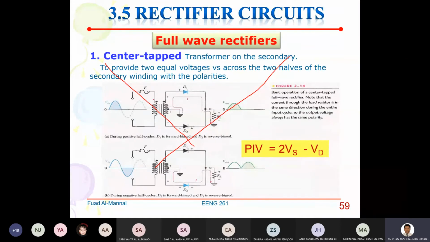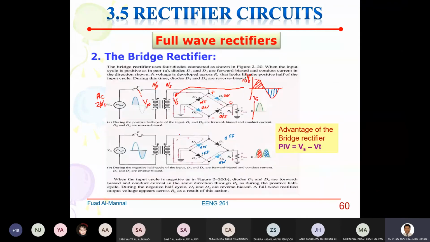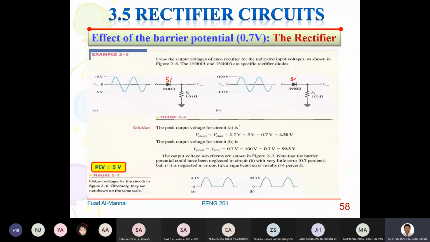So people tend to shy away from using center tap. As you can see, when we were using a half-wave rectifier, we are missing half of the input waveform. That means half the cycle we are missing.